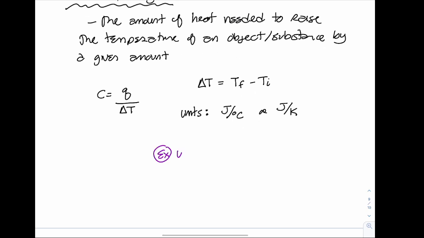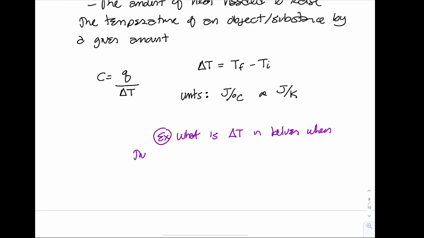So if we wanted to know what is the temperature change in Kelvin when the temperature goes from 20.0 degrees Celsius to 20.8 degrees Celsius.